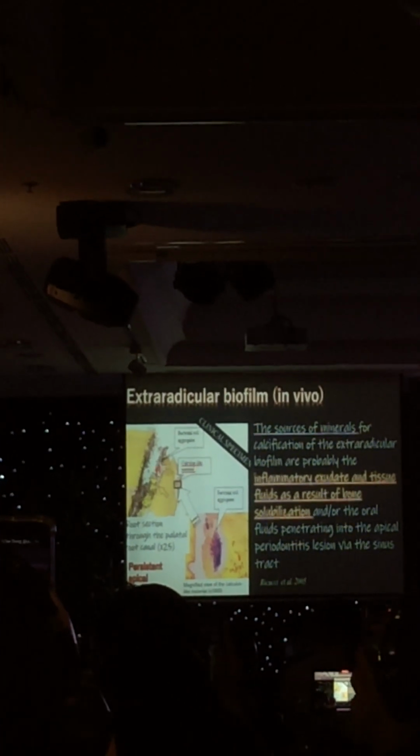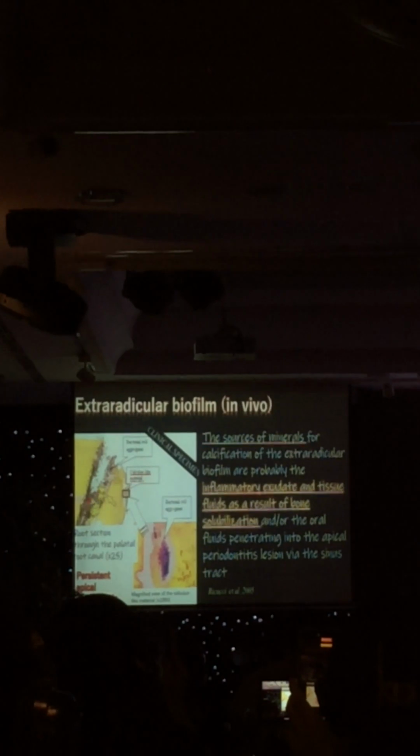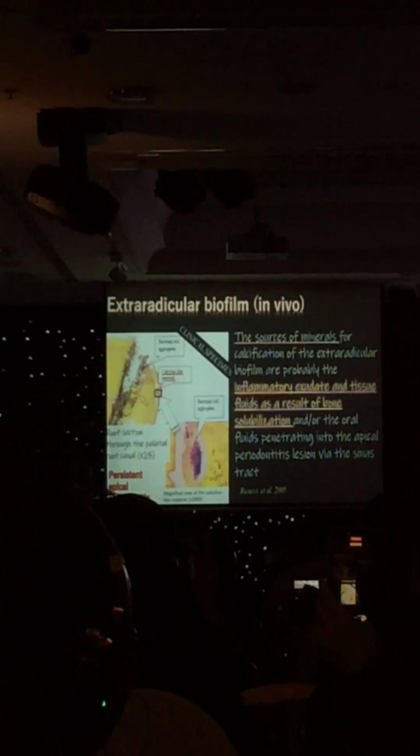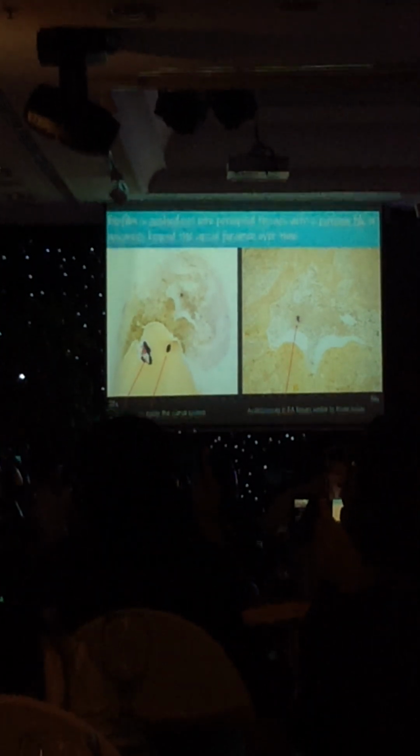And like this, bacteria always come from inside and go out of the root canal, creating extraradicular infections. And they will be calcified also. So here, this is another study done by Domenico Ricucci.